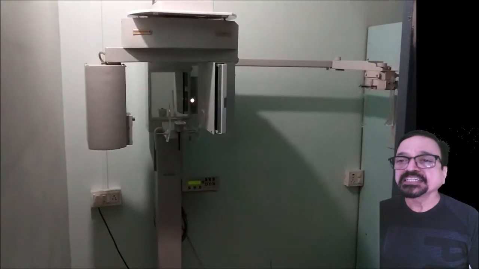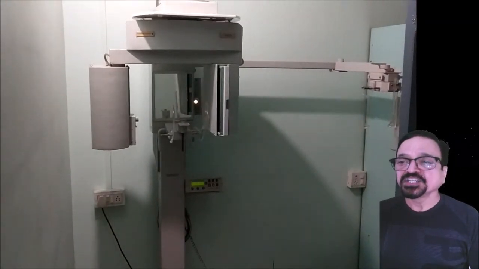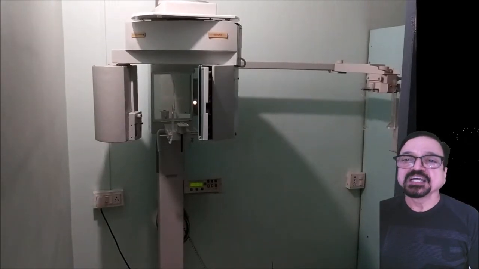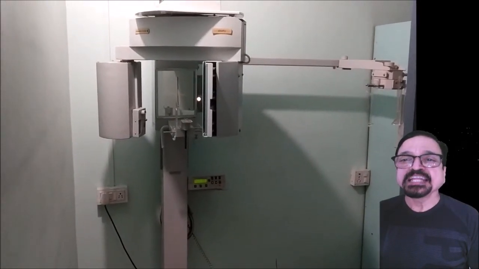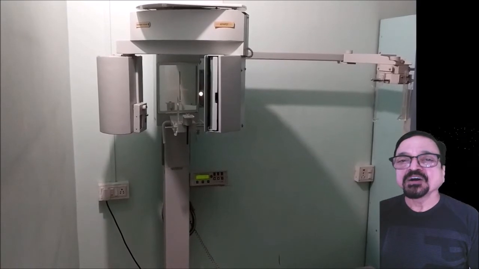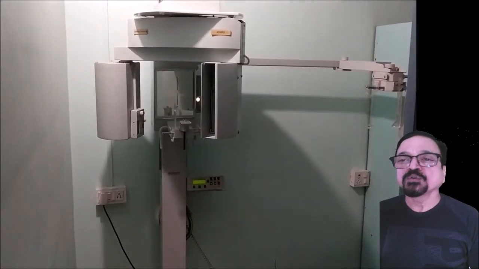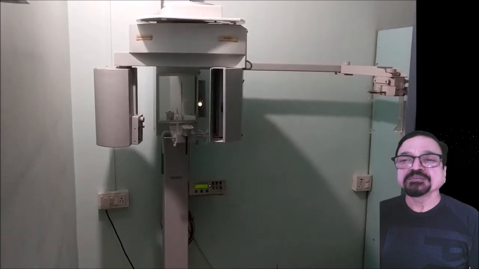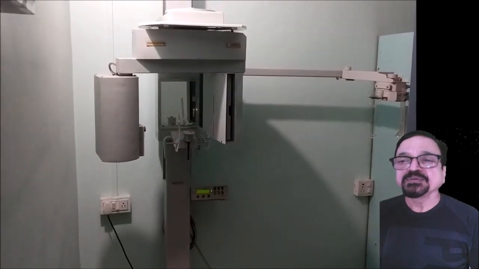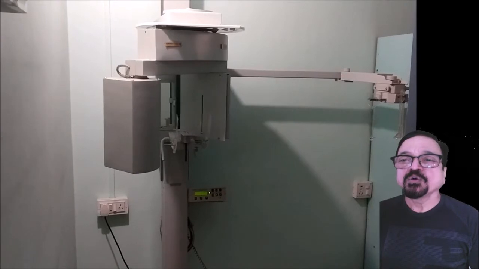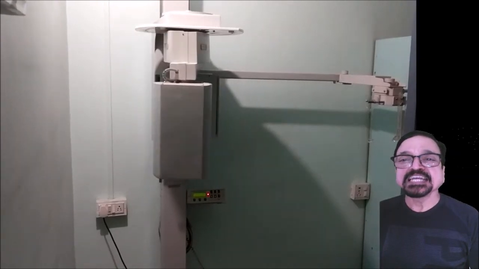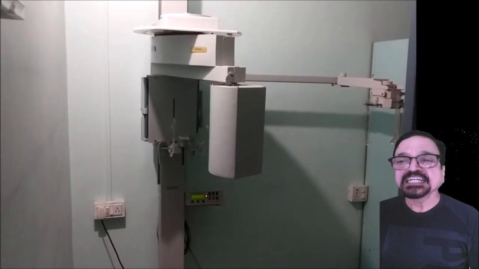Now here what it does is a radiation saving measure. It will rotate twice, but it will expose only when it is in the area of the TM joints. You get two TM joints, that is open mouth and closed mouth. So first you take with the closed mouth, then you repeat the procedure with open mouth. The only difference is the instruction to the patient. The machine sets by itself.